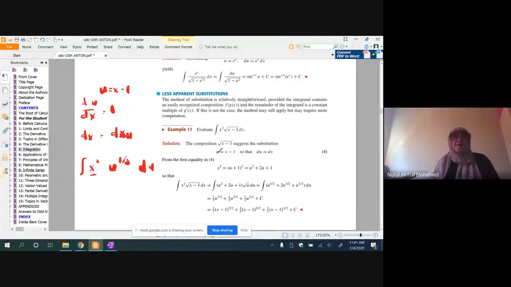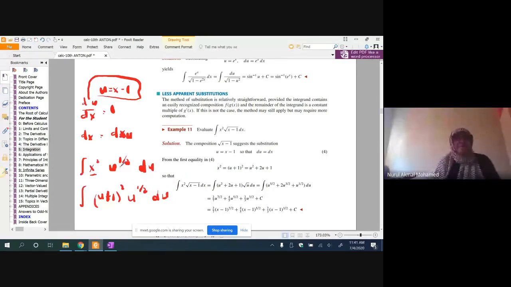But we know that u is equal to x minus 1, which is not difficult to manipulate. Since we have x squared, the x will be u plus 1. So obviously, here it will be u plus 1 squared multiplied with u to the power of 1/2 du.